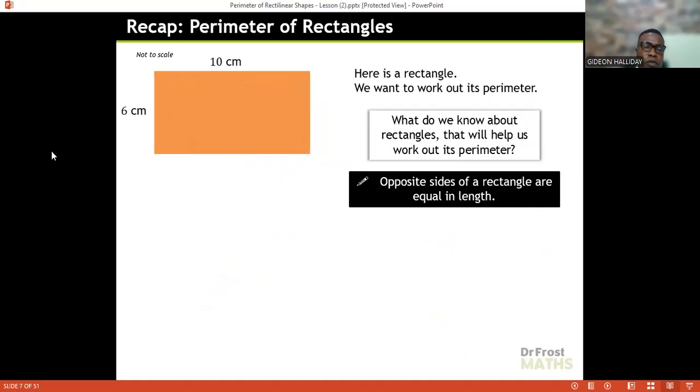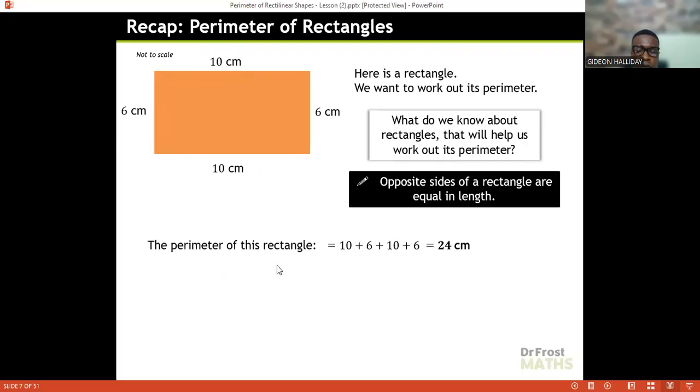So if this line is opposite to this line, and this is 10, this will also be 10 centimeters, right? And that also 6 centimeters. So perimeter equals 10 plus 6 plus 10 plus 6, right?